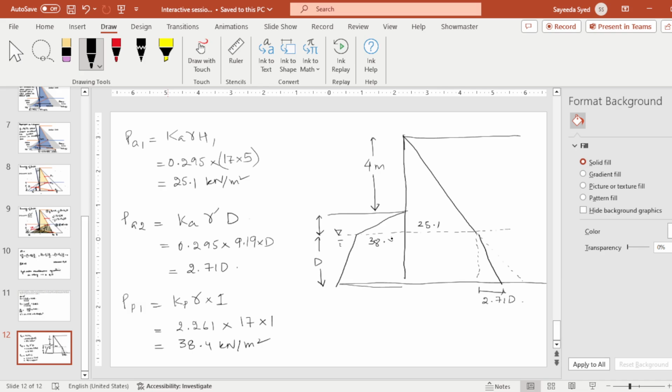PP2 will be equal to gamma dash into Kp into D. This will come out to be 20.8 D. So this is 20.8 D. This is PP1, PA1.